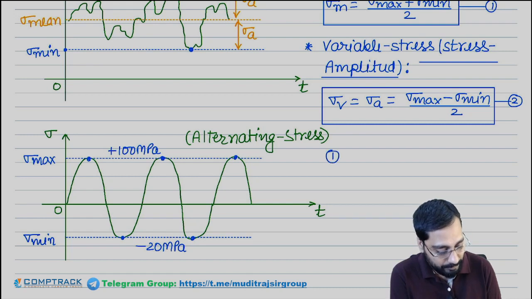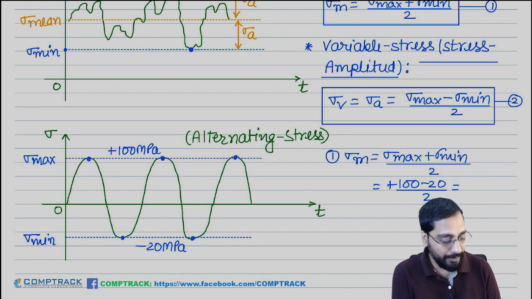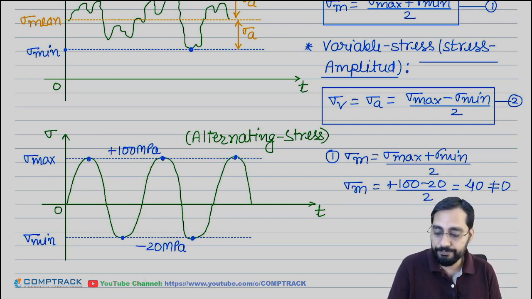In this case, sigma mean will be your maximum plus minimum by 2. So maximum is plus 100, minimum is minus 20, divided by 2, so actually it will be 80 by 2, which becomes 40. So this will be 40, and it is not 0.